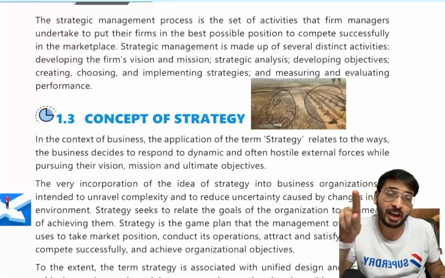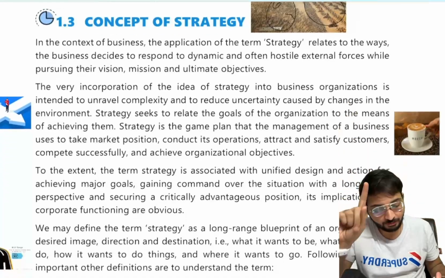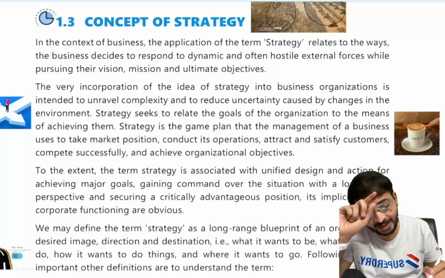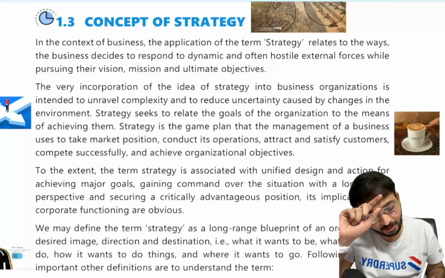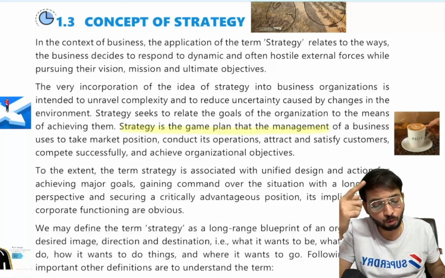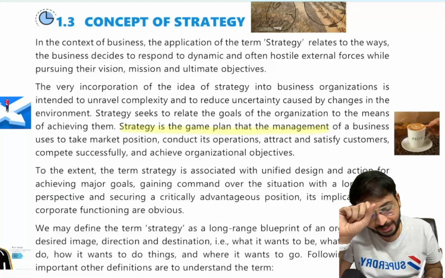Just like how we have two definitions of management, strategy also has two definitions. The first definition is: strategy is a game plan used by the management. Again, what is management? Two definitions will be coming. So strategy is a game plan used by the management to take its number one market position.